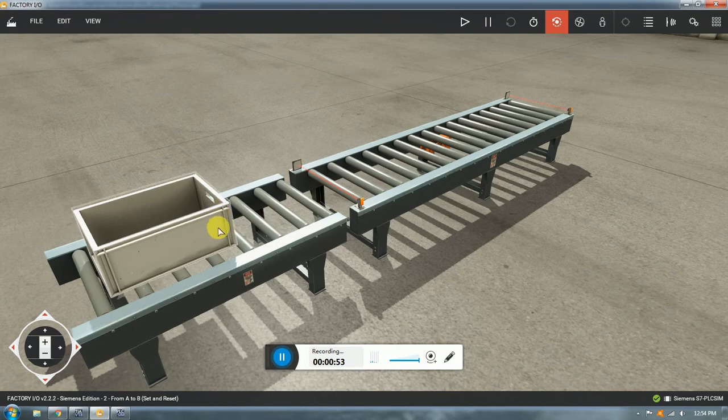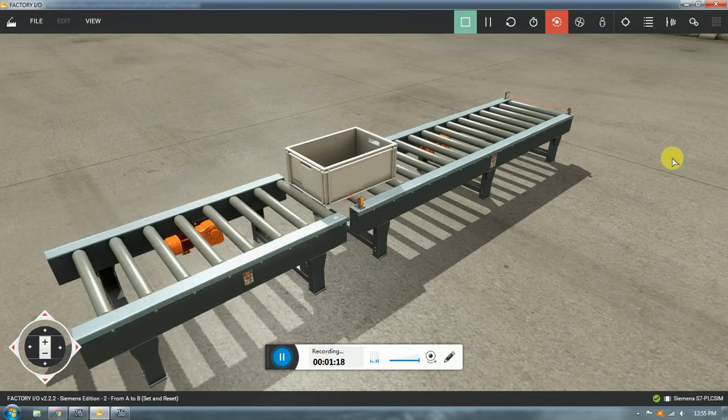The idea is that the box moves on this conveyor that is always on, and as soon as the container reaches the beam of the sensor, it connects the second conveyor, which runs until the container reaches the second sensor.